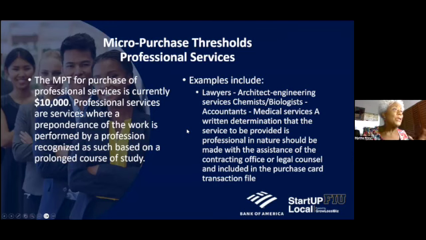Once you see a request, and if you're not sure whether this applies to you or not, there's always a period where they will have either a pre-proposal conference or a pre-proposal call, or a period that you can reach out to your vendor or your contracting officer before they close it out. I really highly, highly recommend that.